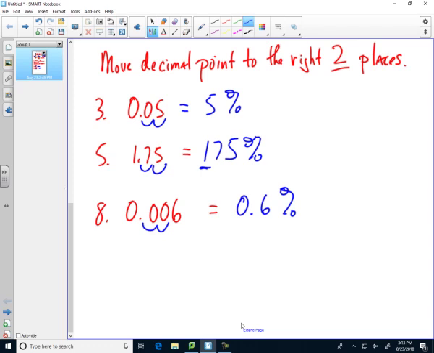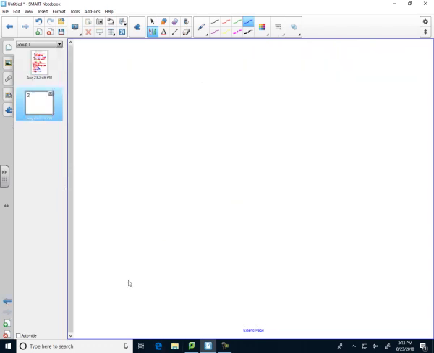Let's look at page 6. Writing a fraction as a percent. Now, I do think this is important. There are some things that you can just glance at and say, "Boy, I know what that is." For example, just glance at number 1. What is that as a percent? 70%. It's 80%.